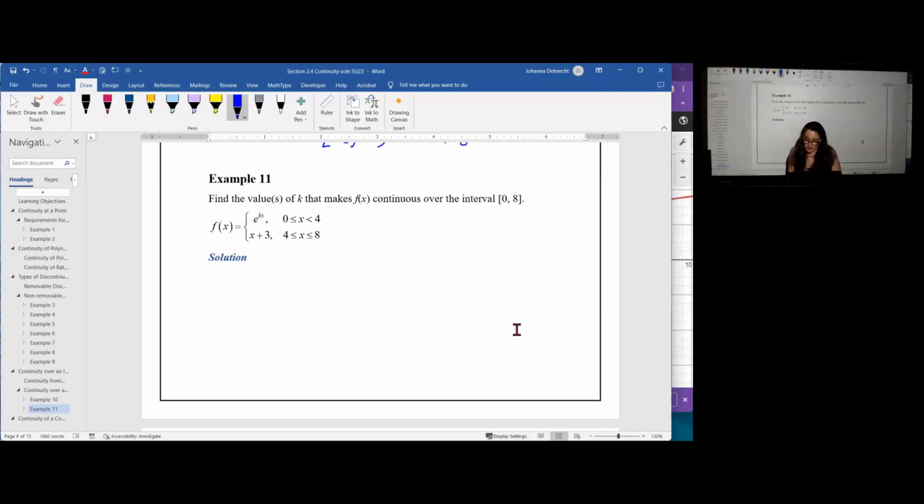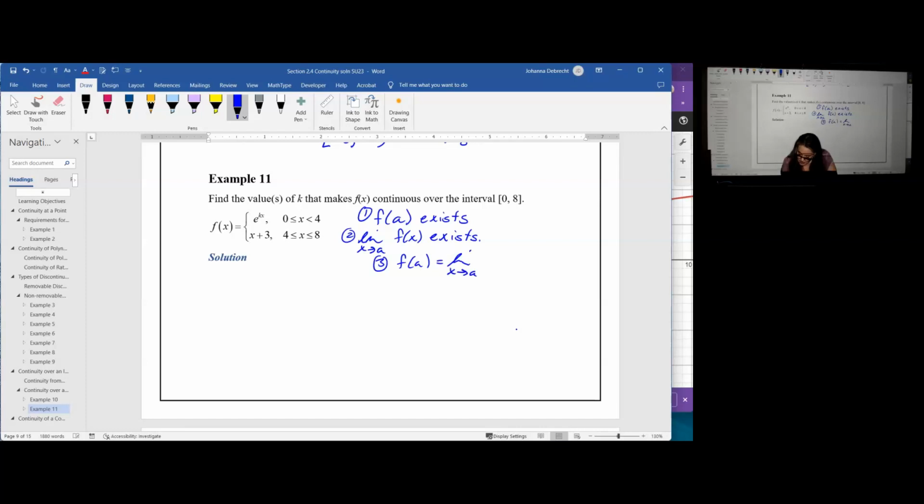That means that when x is 4, e to the kx must be equal to x plus 3 because my rules are: rule 1, f of a exists. Rule 2, the limit as x gets close to a from both sides exists and points to the same value. And rule 3, they're equal to each other.